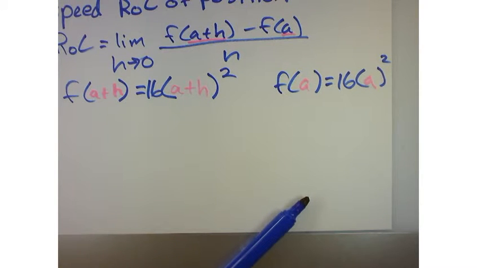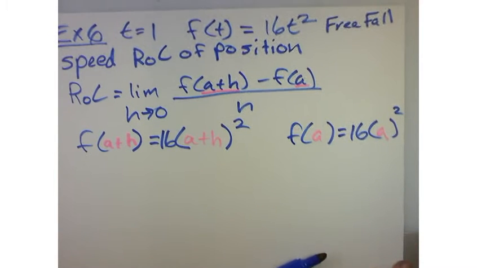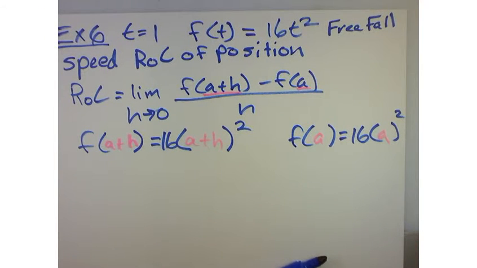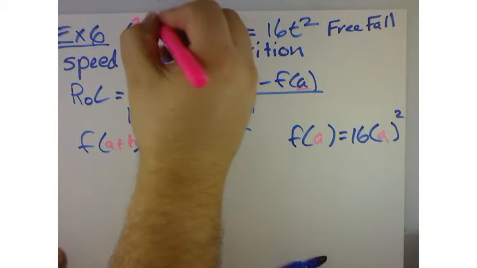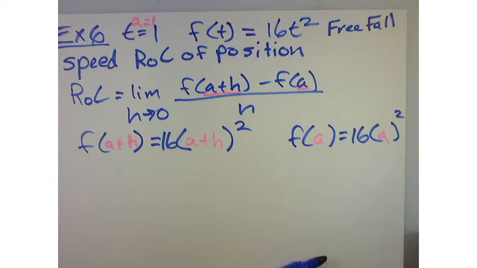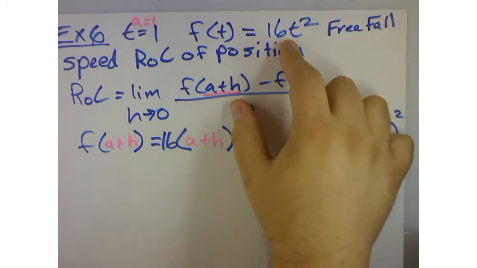Does that make sense? Where are you going to get a from? Oh, it tells us that t equals 1 in the question. What is the speed after 1 second? We're using t as a. Well, yeah, eventually we'll plug in, so this means that a will equal 1 at some point in time. So the question in the textbook says, look, this is the equation of position.